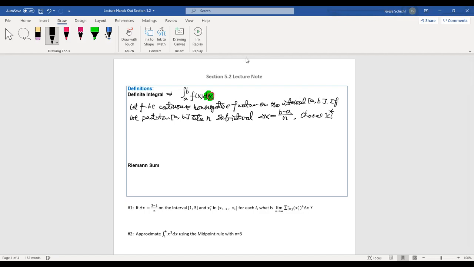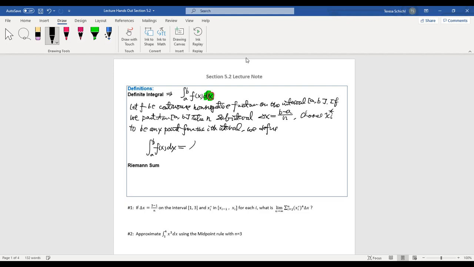Remember, that's what we called the random sampling points from the previous video. So we set xi star to be any point from the ith interval. And then we can define this definite integral from a to b of f of x dx.